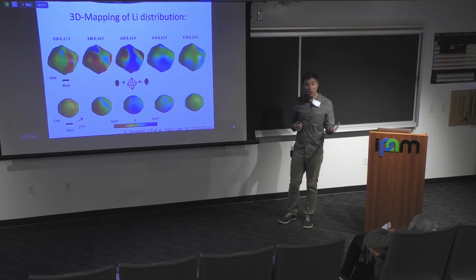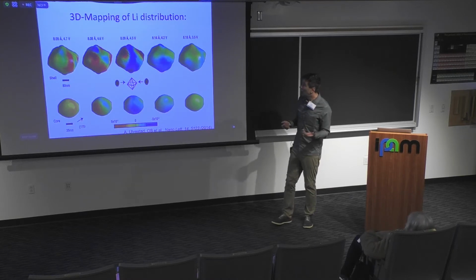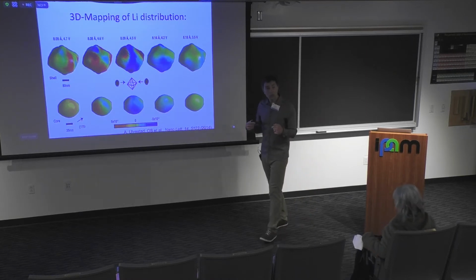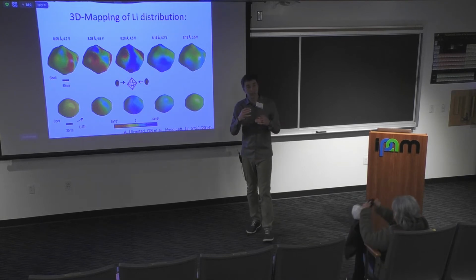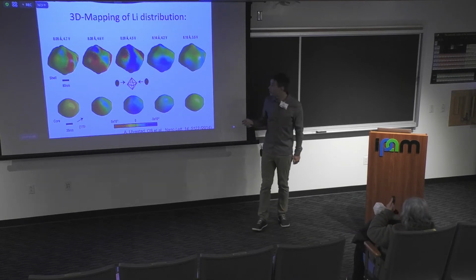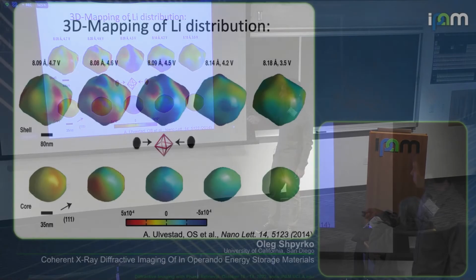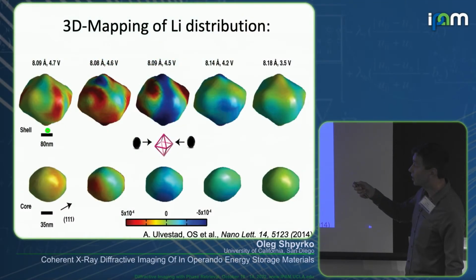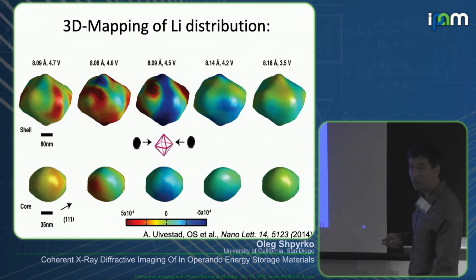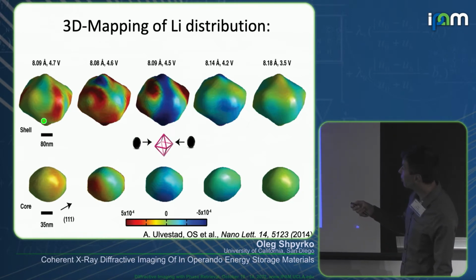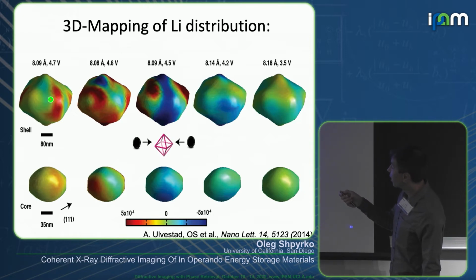So if you do this for a partially charged particle, for example, you will see regions that are lithium rich and lithium poor, just by looking at the lattice constant at different parts of the particle. So this is one of those particles that we would study at some intermediate state of charge. Let's say you're looking at a half-charged state in your battery, and the particle in this case has bright red regions that are lithium rich and bright blue regions that are lithium poor.